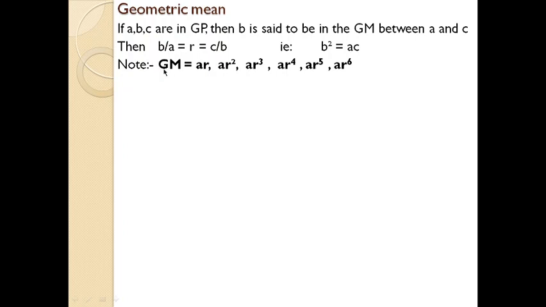So whenever a series or a sequence is in geometric progression, it will always be expressed in this format: A, then A into R, followed by A into R raised to 2, R raised to 3, R raised to 4. It will be like that.